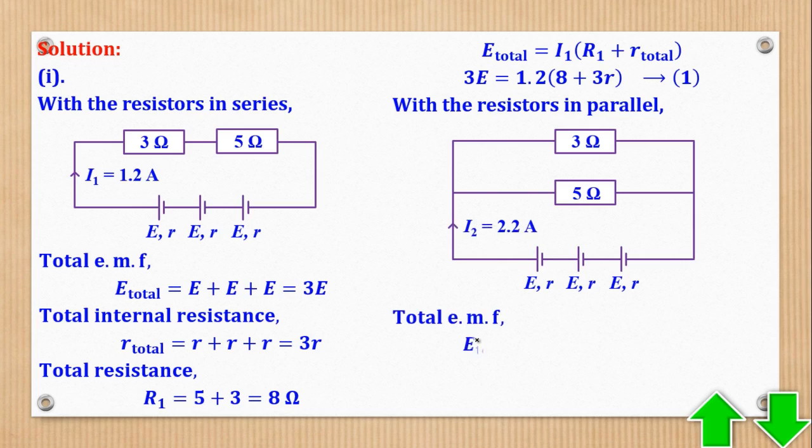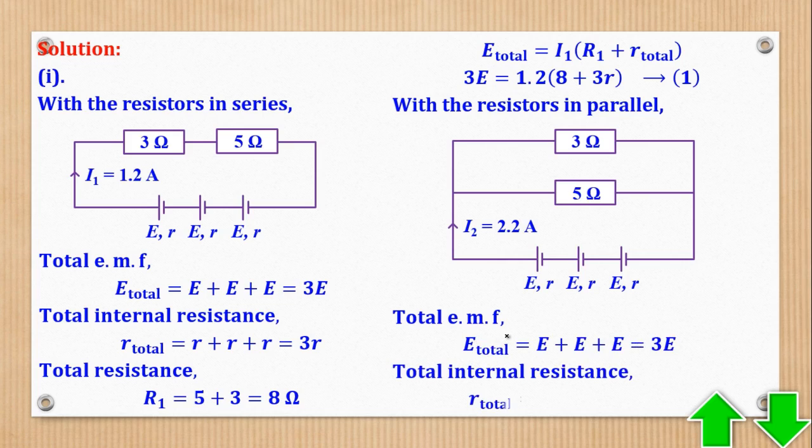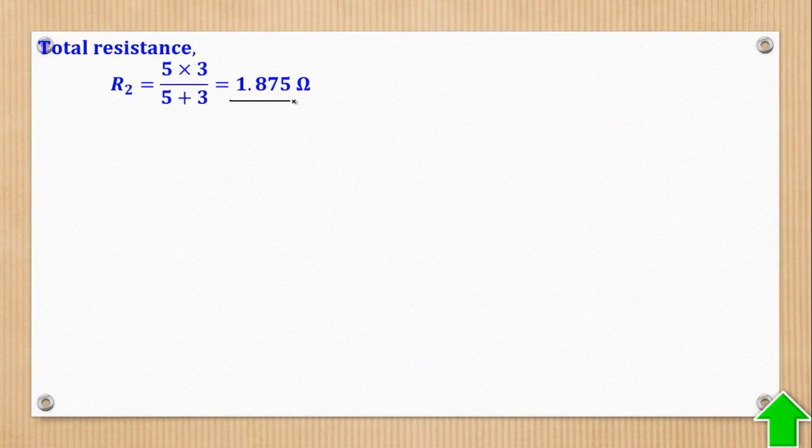Therefore, total E.M.F will still be the same, total internal resistance will still be the same, but the total external resistance will change because it will now be product over sum. To give you this, therefore E total is equal to I2 in brackets R2 plus small r.